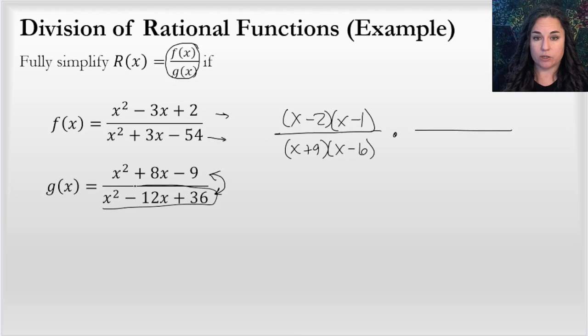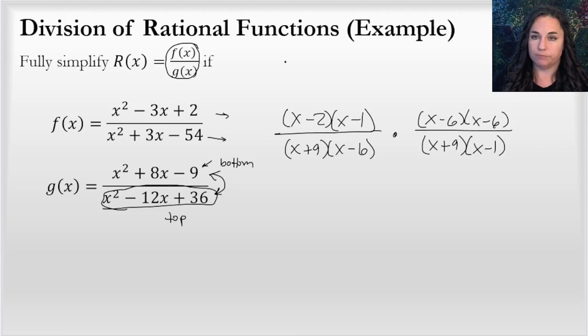This is going to go on the top when I divide, and this is going to be on the bottom. Let's do the top first. You may recognize it's a perfect square, x minus 6 times x minus 6. You could write x minus 6 squared if you want to, but I like keeping the terms separate as I simplify. The bottom simplifies to x plus 9 times x minus 1.